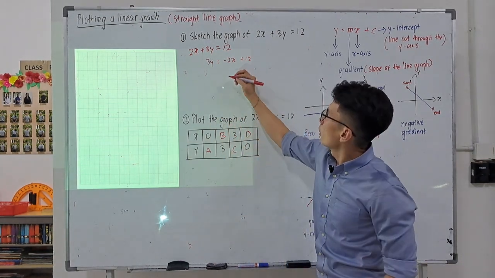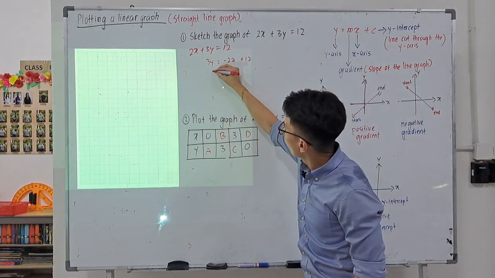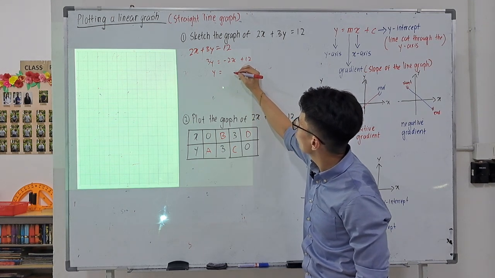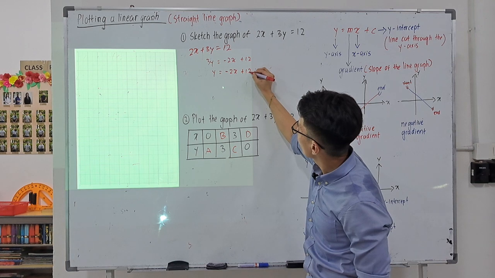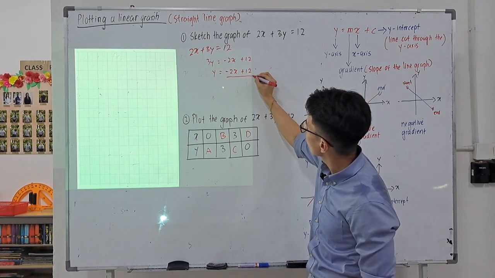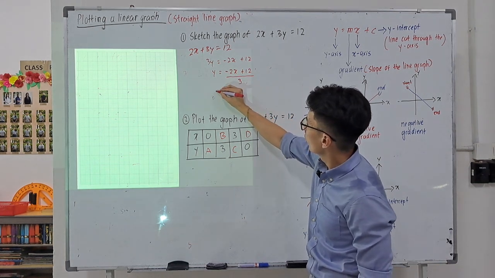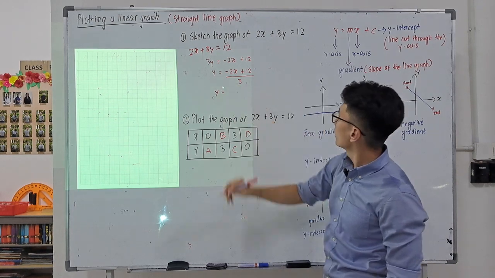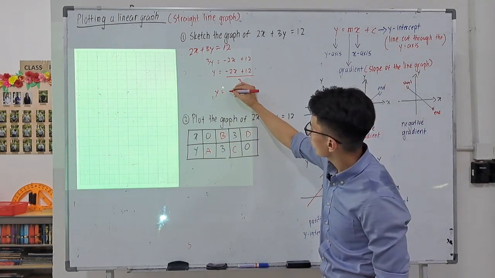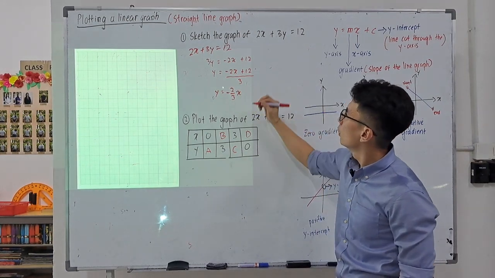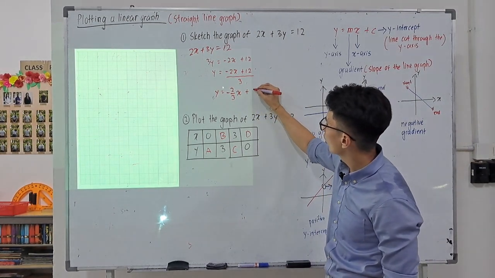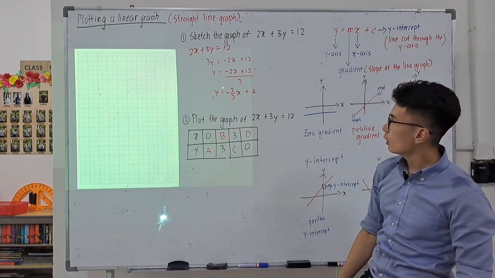Okay, and then I should get y equals negative 2x plus 12, and everything over here is going to be over 3. And we can further simplify this, all right? And I should get negative 2 over 3 x, and then plus 4 over here, okay?